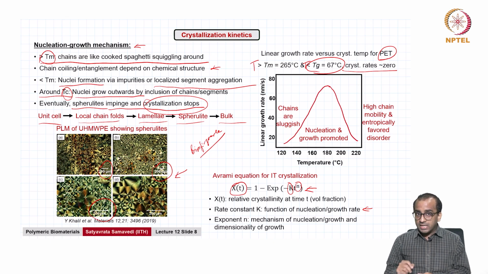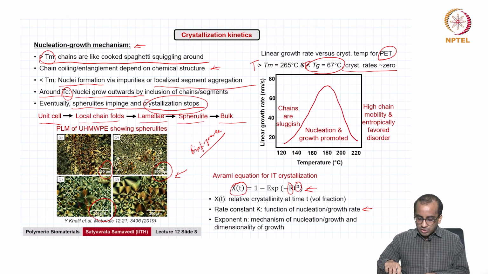We will not get into the details of examples or numbers for n and try to ask what the mechanism is there, but we will simply note that based on the exponent n, you get some information about the physics of the nucleation and growth and the dimensionality of the growth itself.